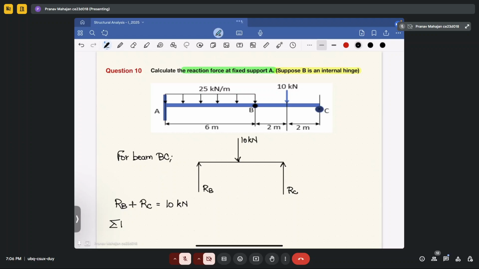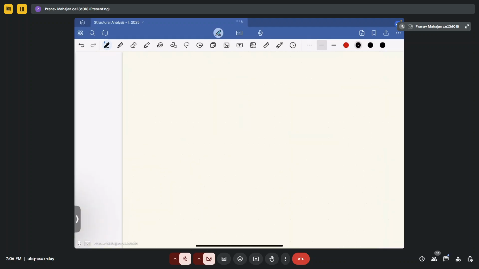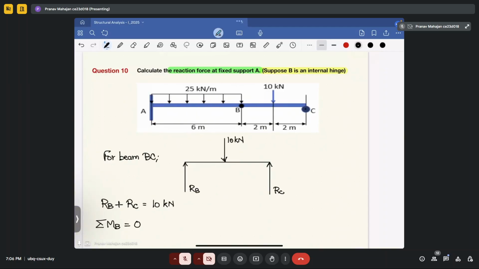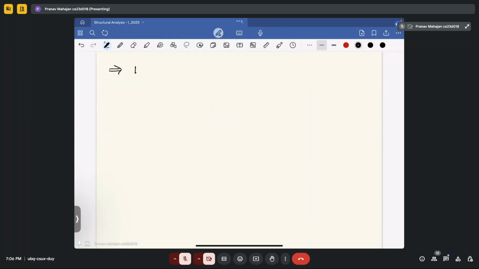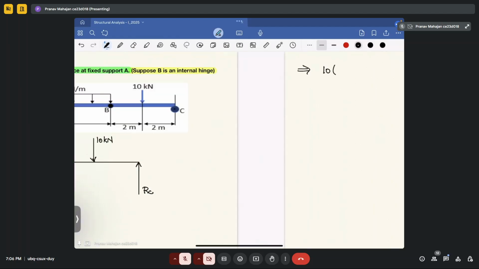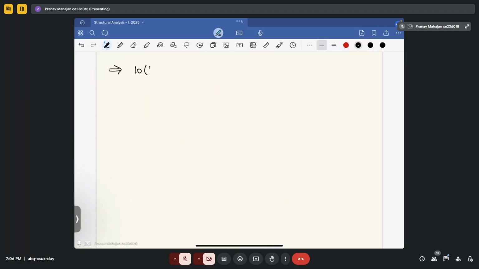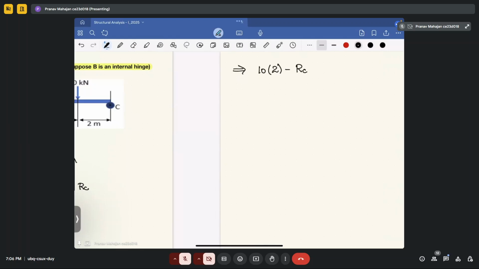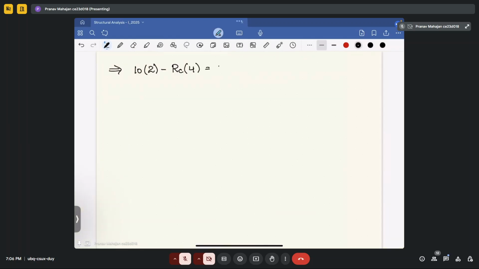Now take moment about point B equal to 0. What you will get? 10 into, what is the distance? 2 meter, 2 minus RC into 4 equal to 0.